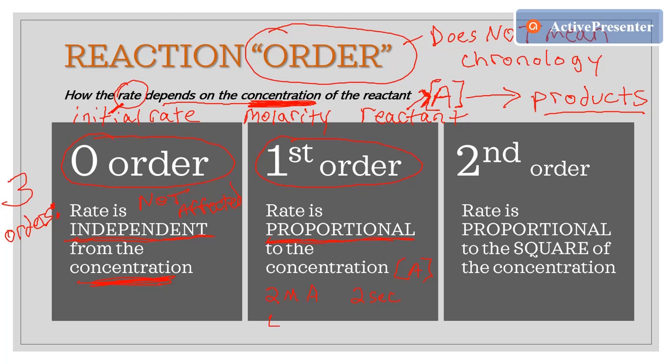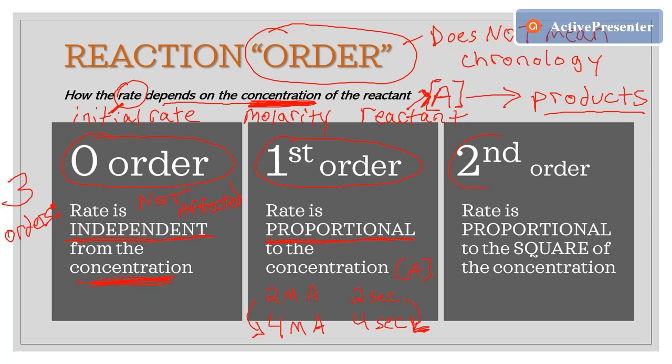But if you have 4 molarity of A, the rate could take 4 seconds to start. So see, if you increase the concentration, then you increase the amount of time it takes before the reaction begins.